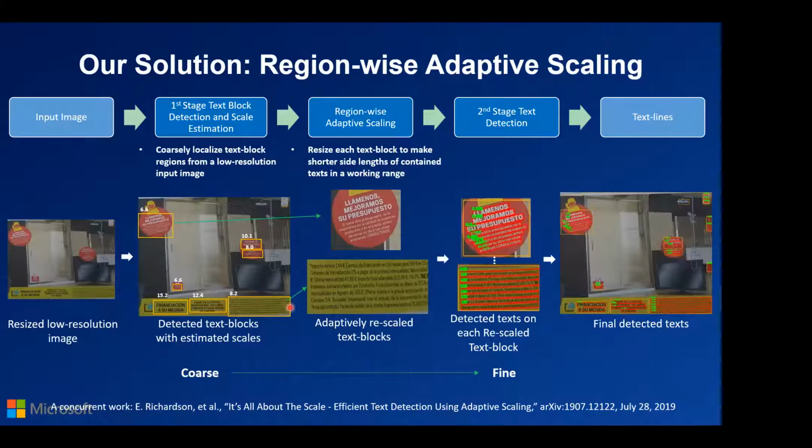Then we scale them adaptively into larger text blocks, and we run detectors on top. This is a pretty straightforward approach, costing probably about 30% additional computation in the OCR engine, but the result is that it's capable of detecting text of different sizes, and even with very tiny text, we were able to do so reliably.